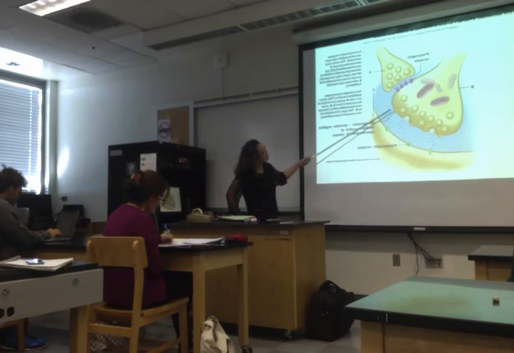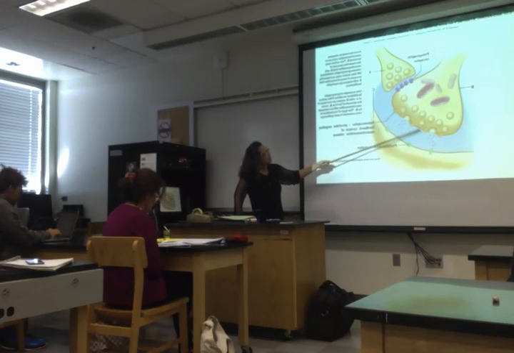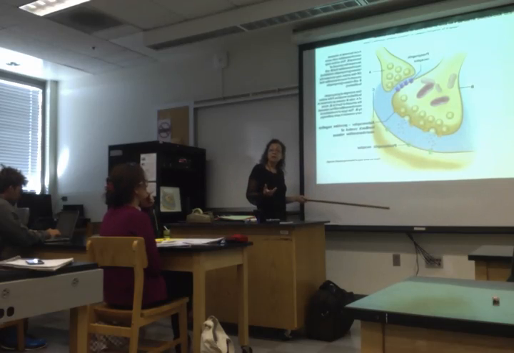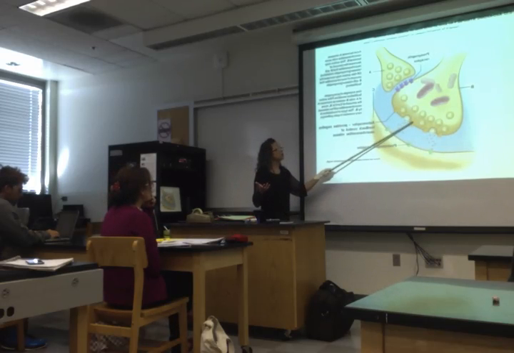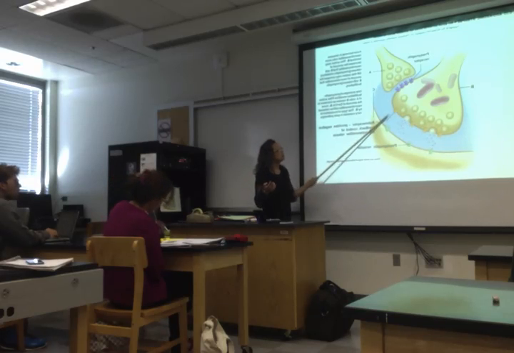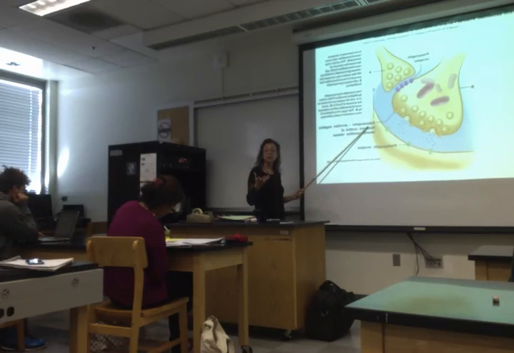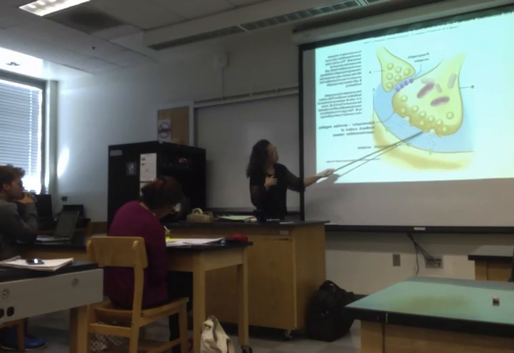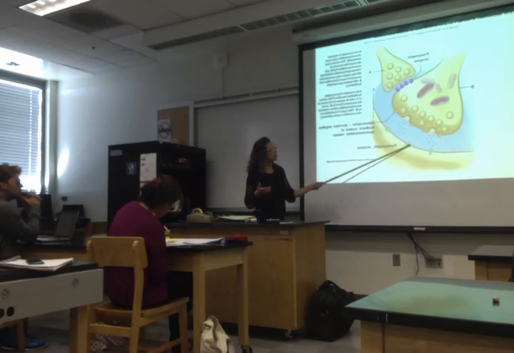Another way we can control what happens at a synapse is to insert receptors on the presynaptic membrane, so on the axon terminal itself. We're going to call these autoreceptors, like self-receptors. You see how these autoreceptors have the same shape of binding site as the regular postsynaptic receptors.